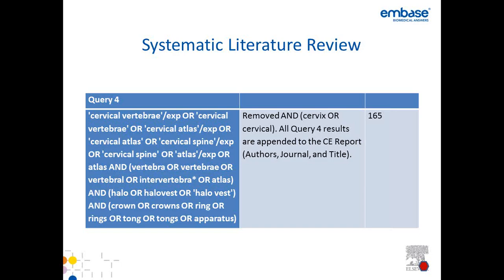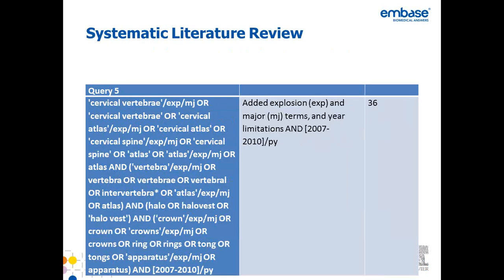You can have CE reports that are 4 pages, or as in this case, a couple hundred pages. A large part of that may be the inclusion of every abstract for the purpose of indicating to the reviewer that your search was thorough. So why don't we move to the next slide then? Yeah, sure.